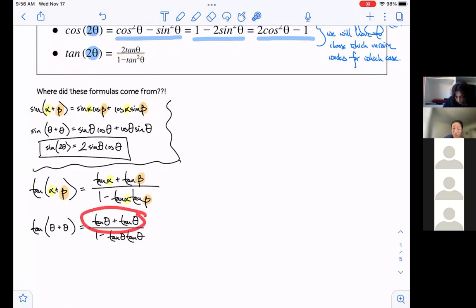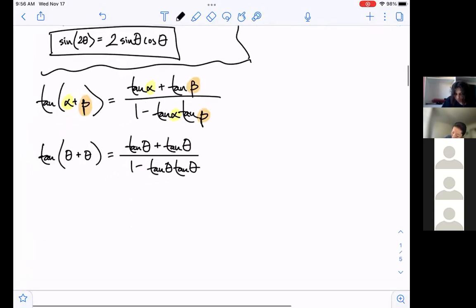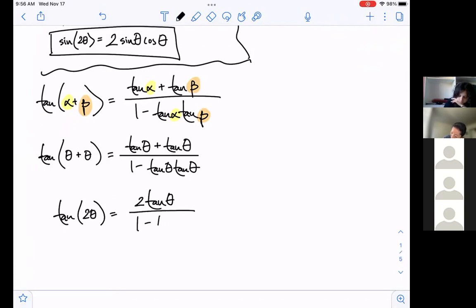Well, we have 1 tangent plus 1 tangent, right? That makes 2 tangents. And then how do I get this tangent squared theta? Well, I take tangent and I multiply it by tangent, all right? So in other words, we can say that tangent of 2 theta is 2 tangent theta over 1 minus tangent squared theta.